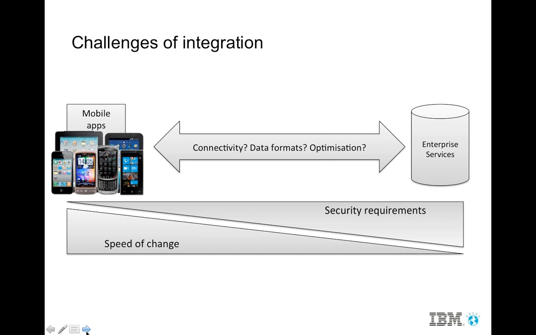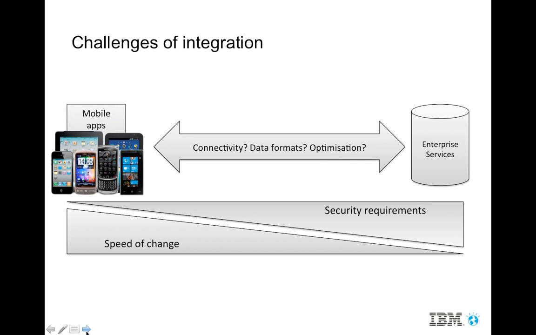We're talking about speed in this presentation here, and obviously the mobile applications in themselves are things that are developed and iterated in terms of adding features very, very quickly. And that's been, should we say, in contrast to how we're running our enterprise systems, so whether that's databases, even enterprise service buses.